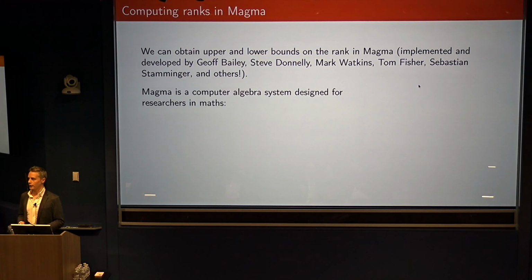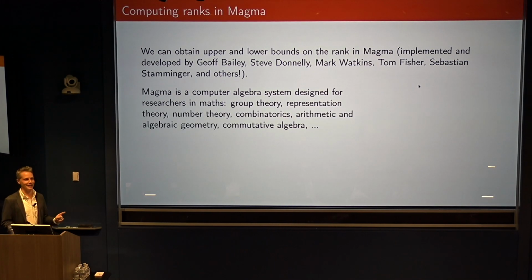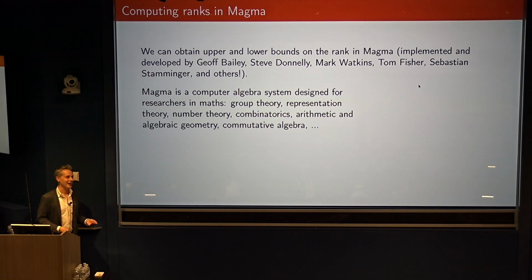Maybe I should take this moment to mention what Magma is after all, since I was introduced as leader of the Magma group. Magma is a computer algebra system designed for researchers in maths. Boy, I really have moved to Australia, haven't I? But the maths there is intentional. It's really plural. It started out as Cayley, which does group theory, but there's representation theory, number theory, combinatorics, arithmetic, algebraic geometry, commutative algebra.